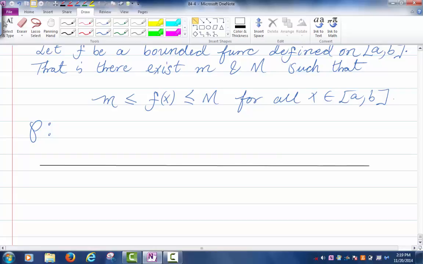Let's say this is our interval from a to b, and we have a partition with n points. a is x0, and then I have x1, x2, x3, xi minus 1 and xi, xn minus 1.